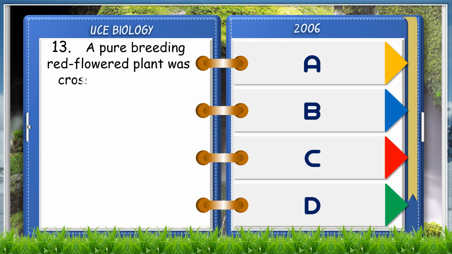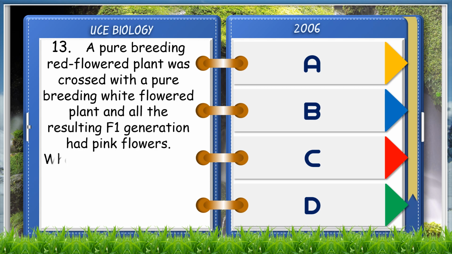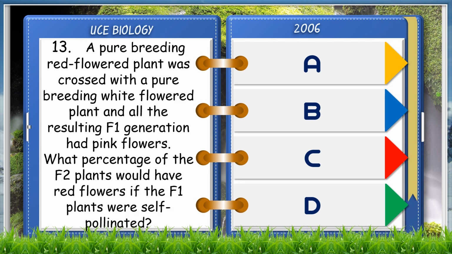A pure breeding red-flowered plant was crossed with a pure breeding white-flowered plant, and all the resulting F1 generation had pink flowers. What percentage of the F2 plants would have red flowers if the F1 plants were self-pollinated?